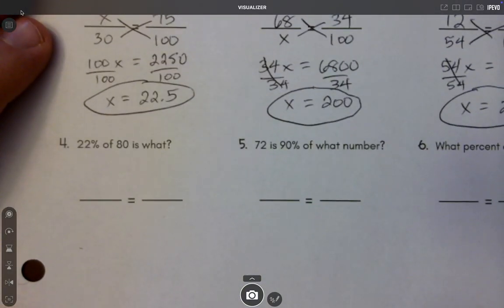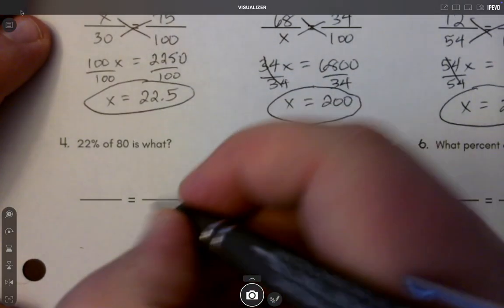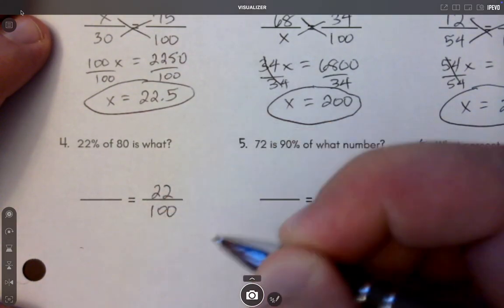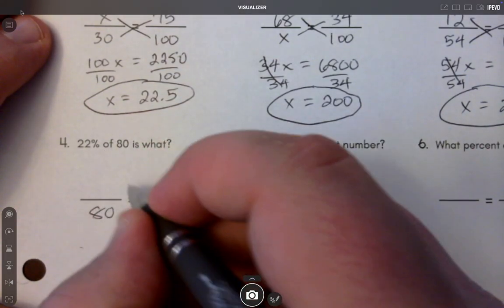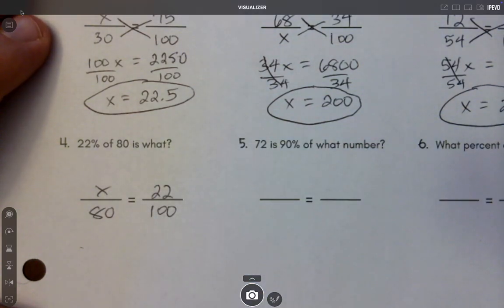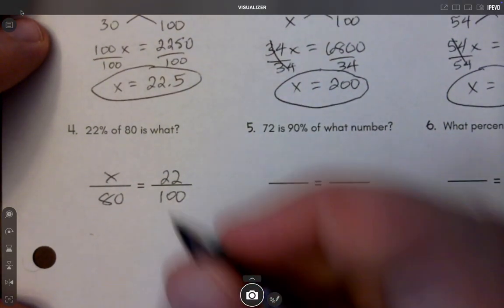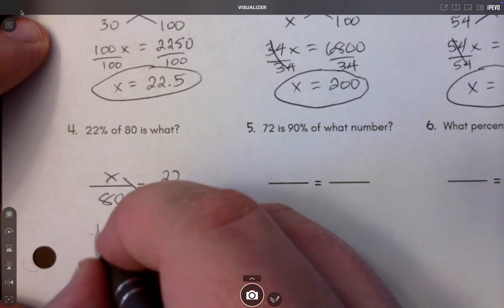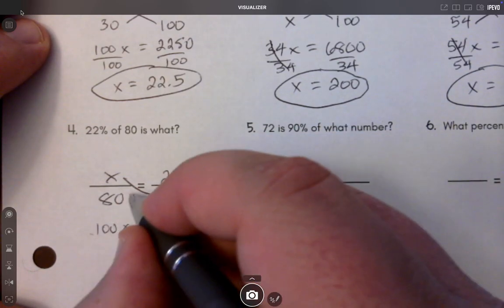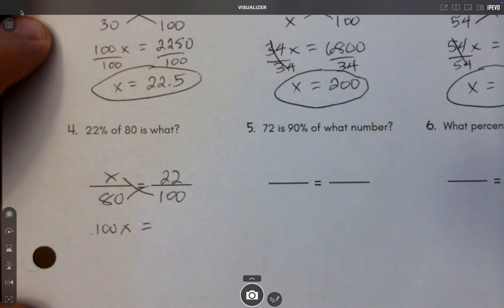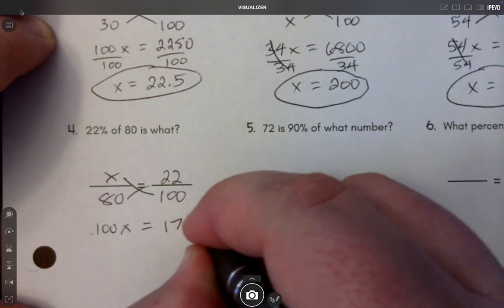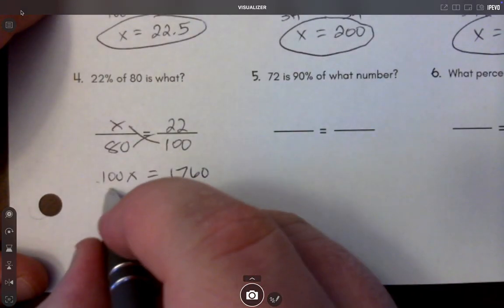Number 4, 22% of 80. So 22% of 80, that goes on the bottom, is what? So 100 times x, 22 times 80, I think that's 1,760, but let me check. 80 times 22, yeah, 1,760. We divide both sides by 100.